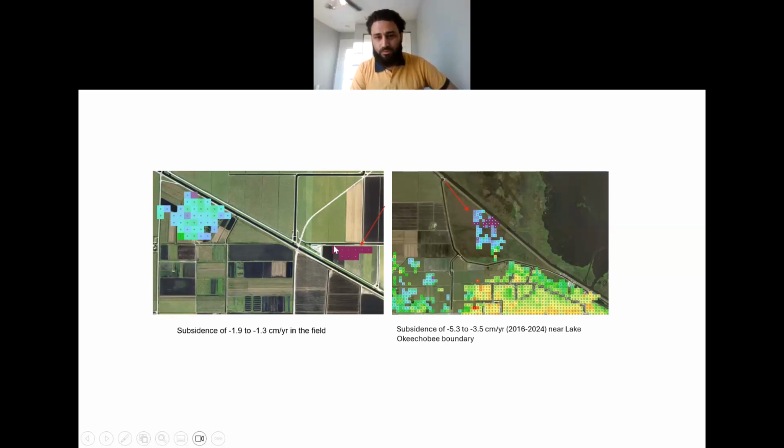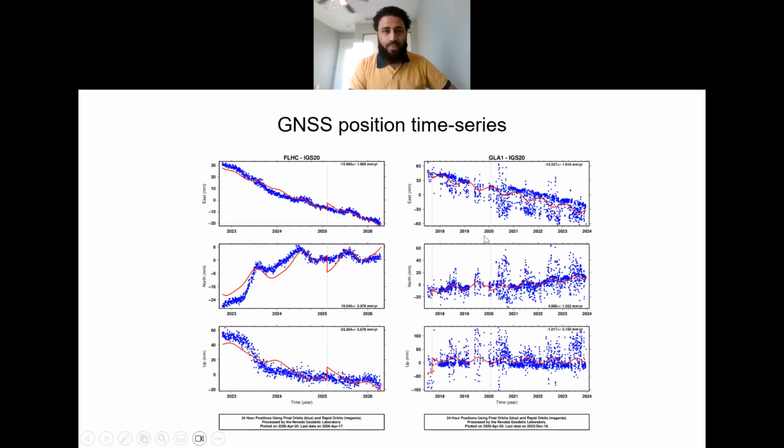It's just a few pixels in an agriculture field, and it was a type of crop where we expect to have more subsidence. And then this, where you saw the huge number, it was on the side of a lake where the water has gone down. So this could be the changes in the water level itself, or also the ground going down.